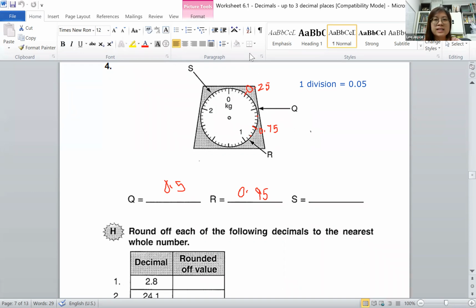So Sarah has an answer, which is 2.25. What about Christabel and Jethro? What's your answer for S? Is it also 2.25 or do you have other answers? Okay, so Jethro is 2.5. Then what about Christabel?